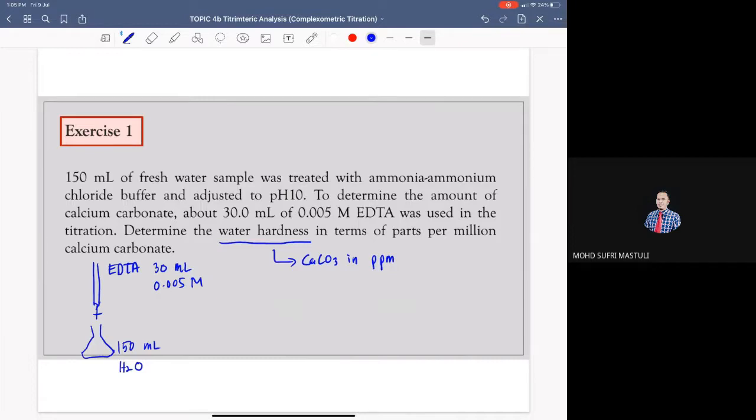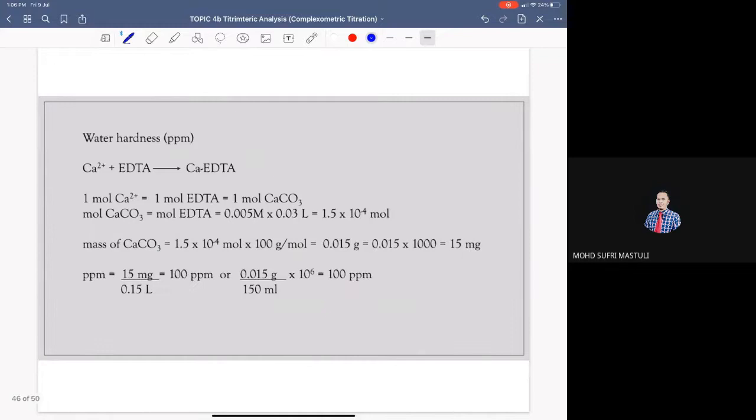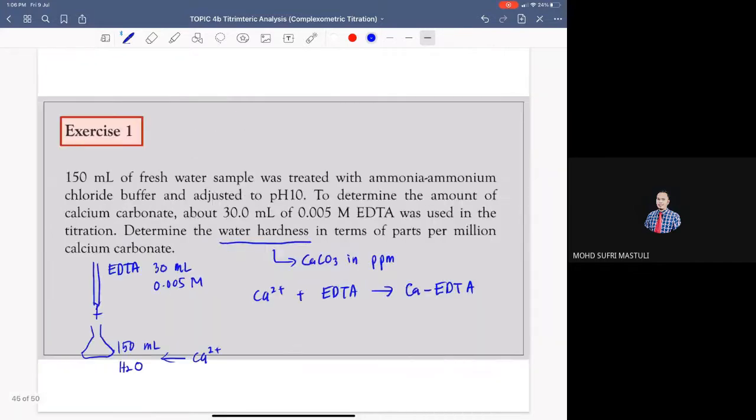All right. So this water sample contains calcium 2 plus. The equation: calcium 2 plus reacted with EDTA will produce calcium EDTA.